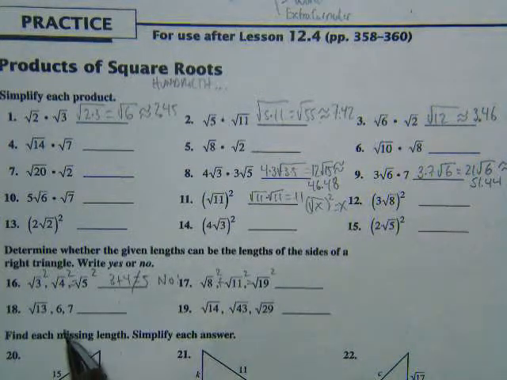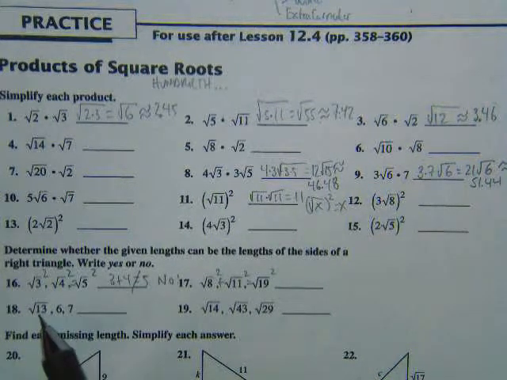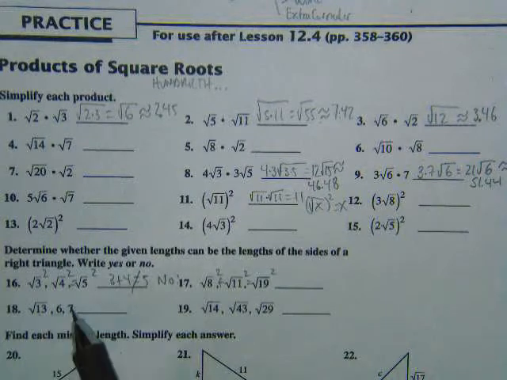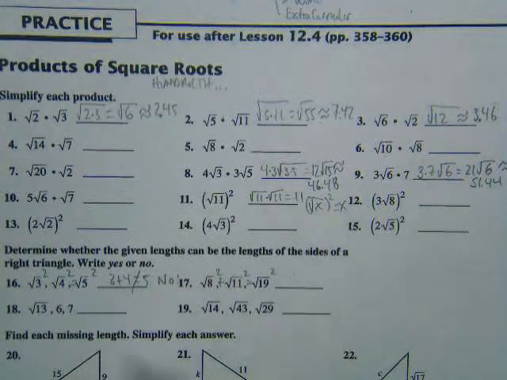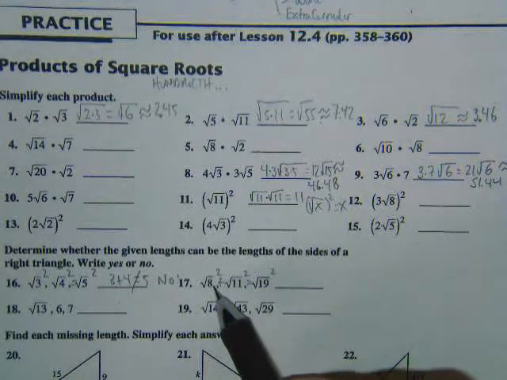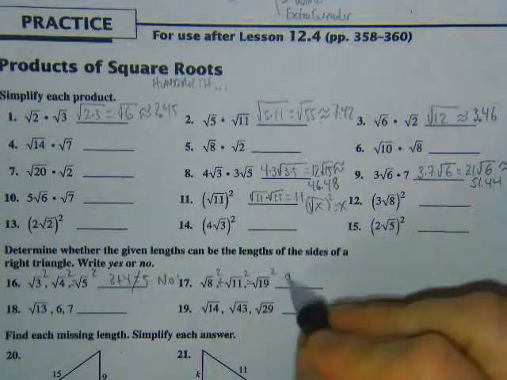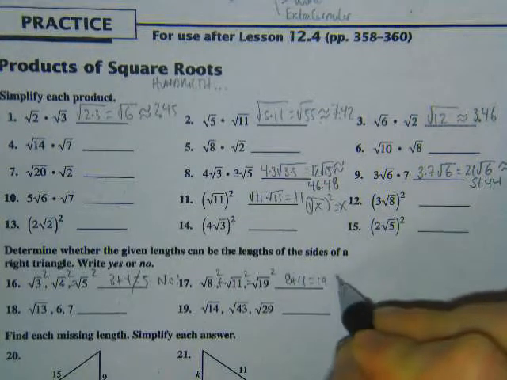That one, square root of 13 is less than 7 and 6 by our approximation. Back to this guy. Squared, squared, squared. So 8 plus 11 equals 19. That's true. That is a yes.